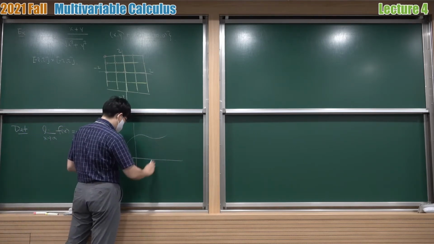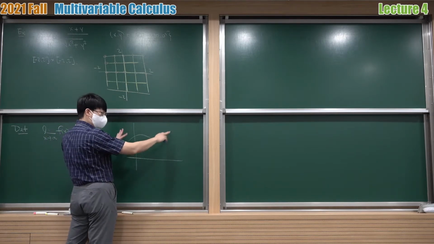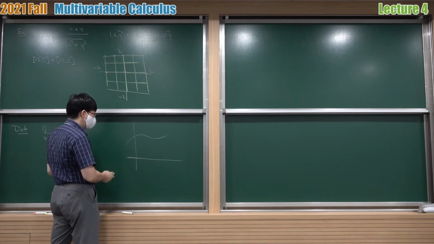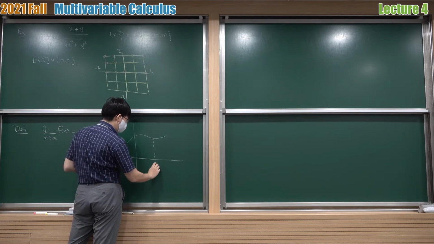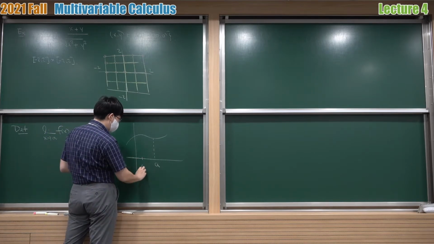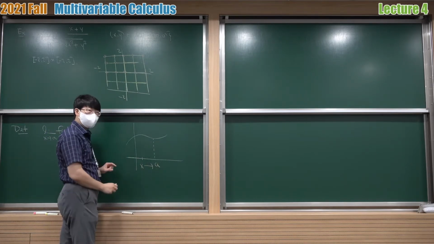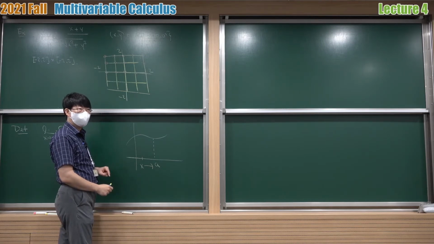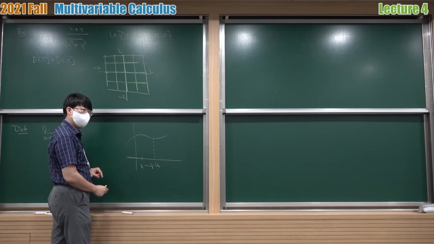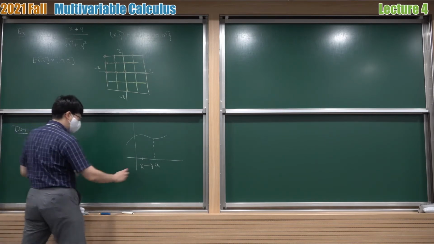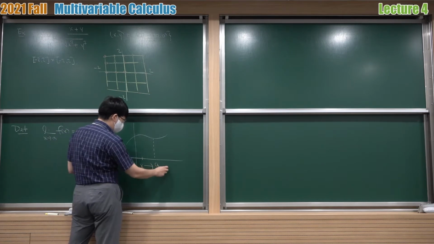Suppose that your graph is continuously connected, and you want to find your limit when x goes to a. Then what do you do? We consider both sides. Right. That's a good try. So actually, x doesn't have to go from the left.